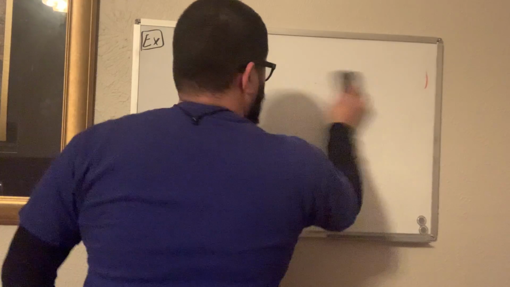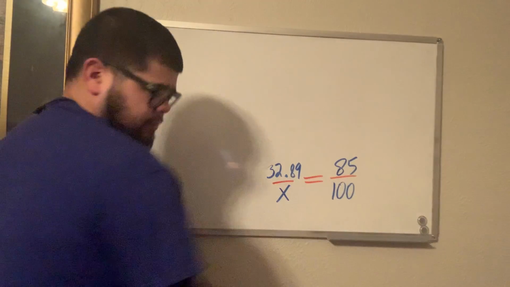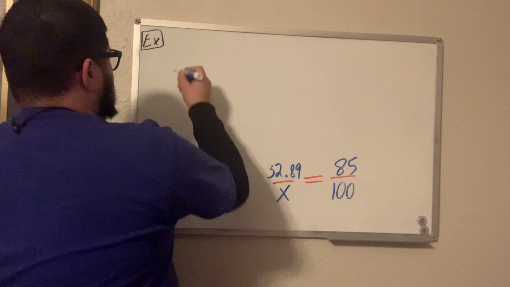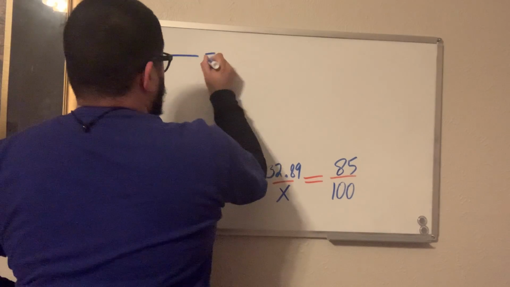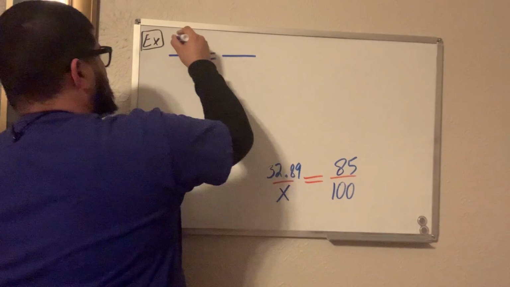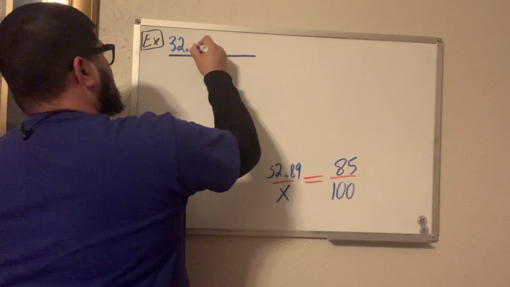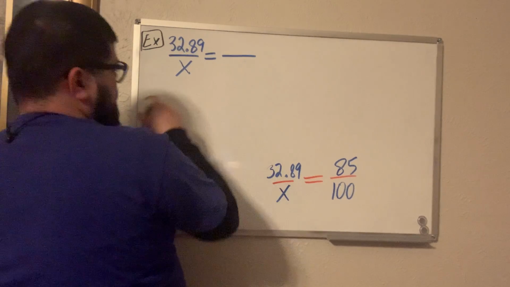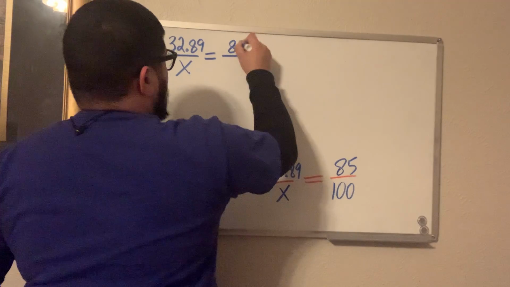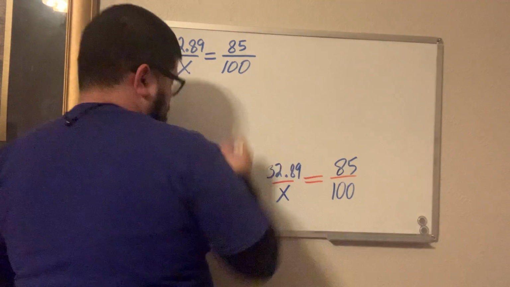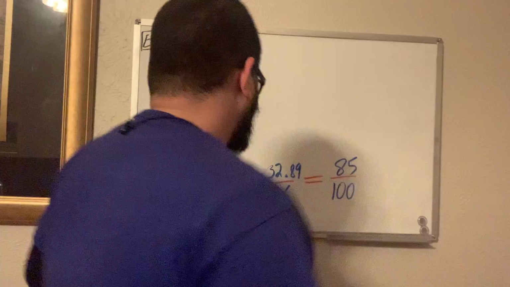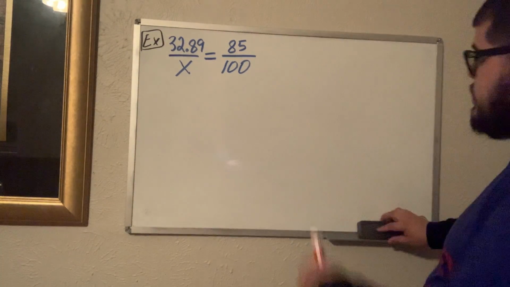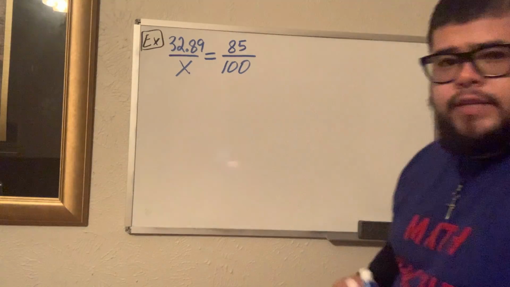So we're still working this problem out. You should still have it on your paper. I am erasing for the sake of space. So we have 32.89 over X. The part over the total equals 85% over 100. All right, so we're gonna solve this proportion now.